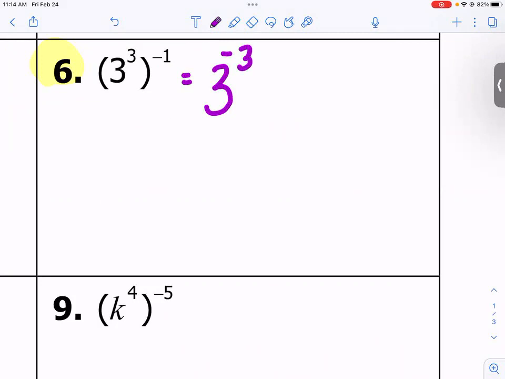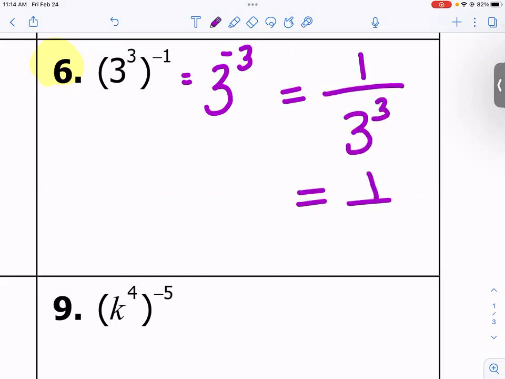Yeah, but it's not. Oh, that's so sad. So that's why. Okay. So go ahead and write in that negative. So this should be 1 over 3 cubed, which we know is 27. So 1 over 27 is what we can write.